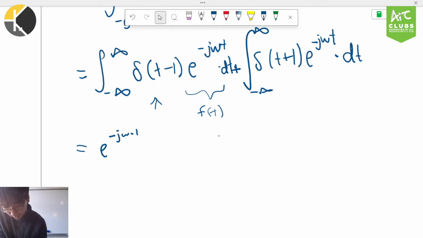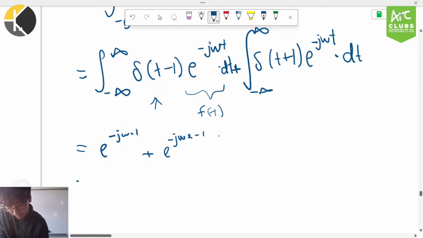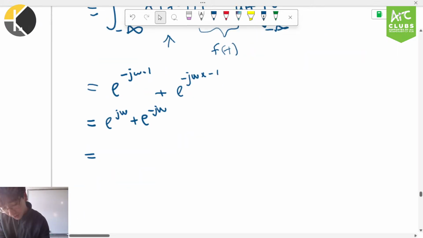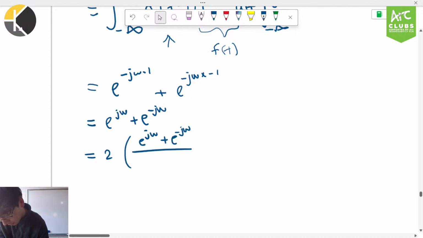And the second integral, using the sampling property again, we're just going to have e to the minus j omega multiplied by minus 1 in this case. So that gives us e to the j omega plus e to the negative j omega. This might be looking a bit familiar. You can convert this into a cos using this identity, and that would just give us 2 cos of omega.